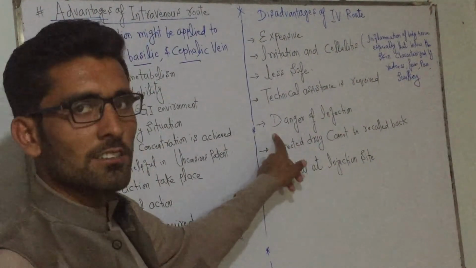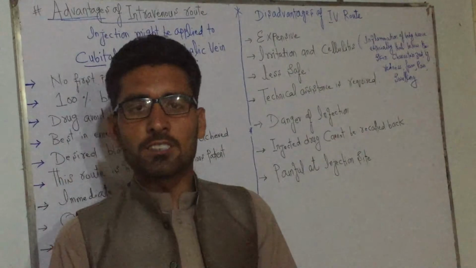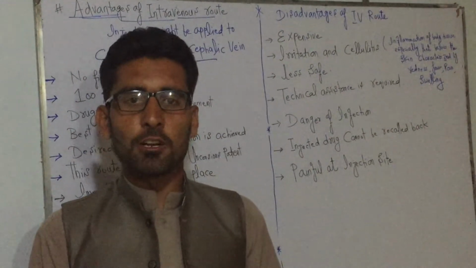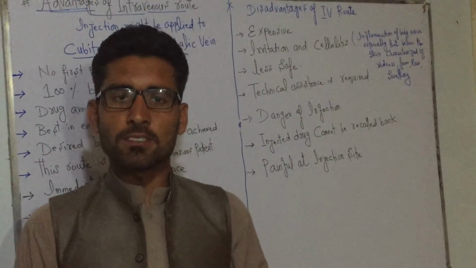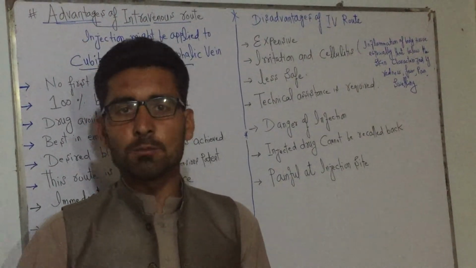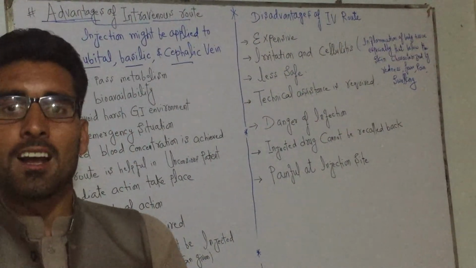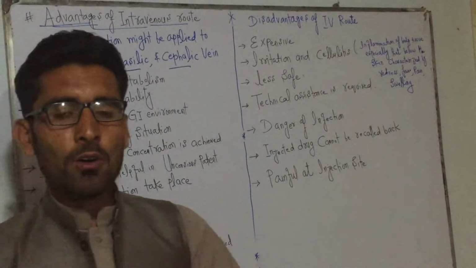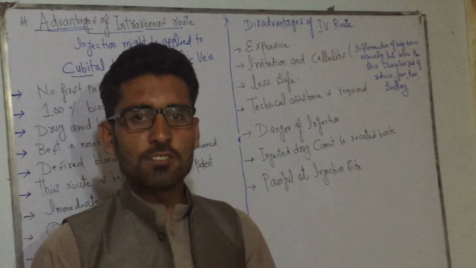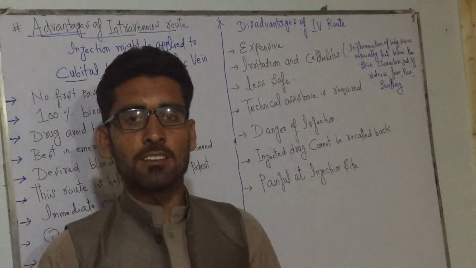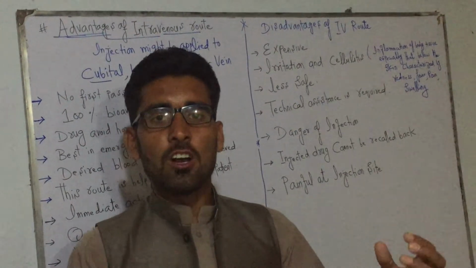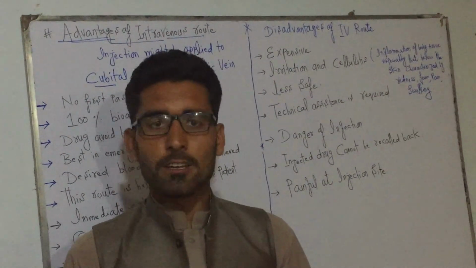Next is danger of infection. If you are injecting plasma or blood into another person by the intravenous route, and suppose a person has hepatitis or AIDS, there is a risk that the host person becomes infected.